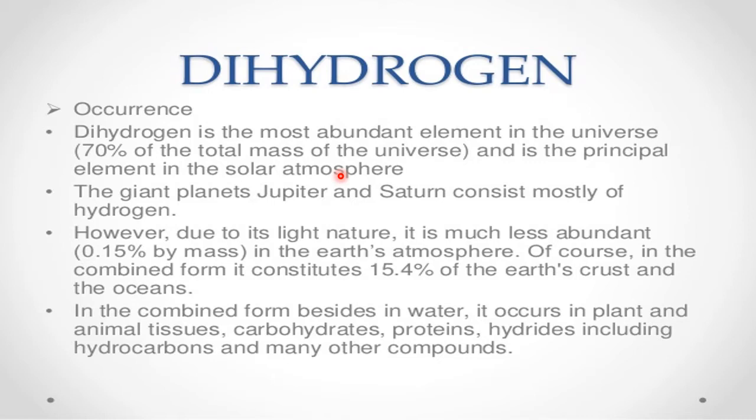Who is controlling the complete solar system? The giant planets Jupiter and Saturn consist mostly of hydrogen. However, due to its light nature, it is much less abundant in the Earth's atmosphere. Of course, in the combined form, it constitutes 15.4% of the Earth's crust and the ocean.